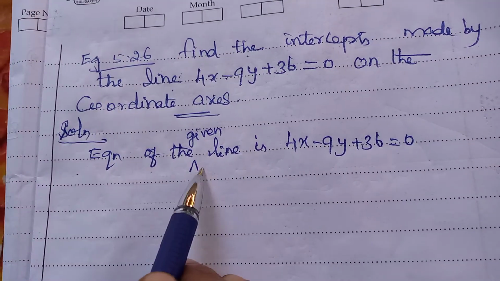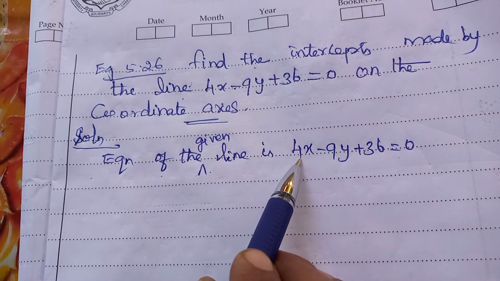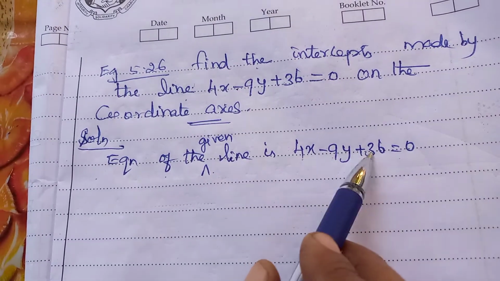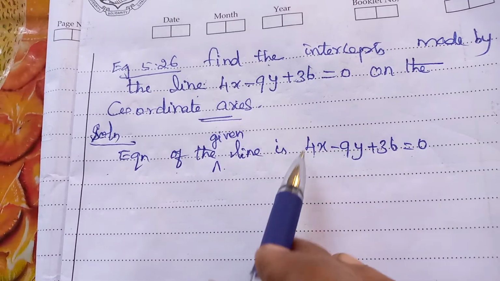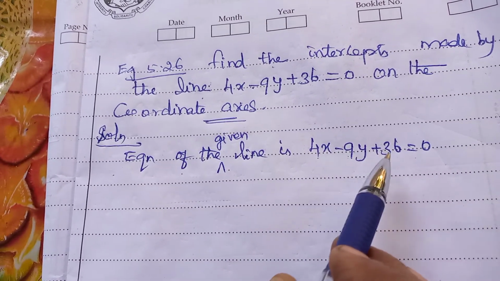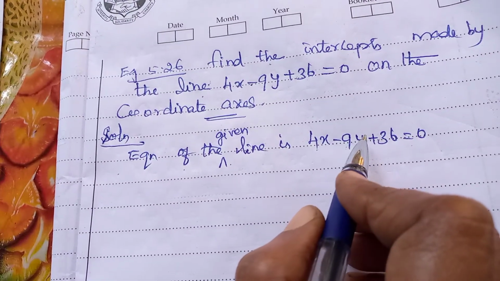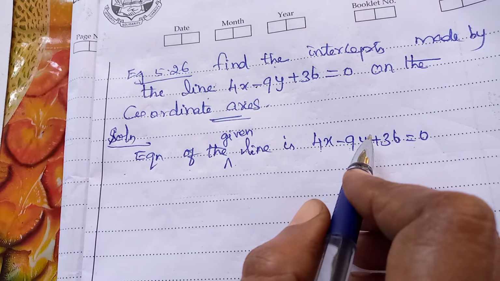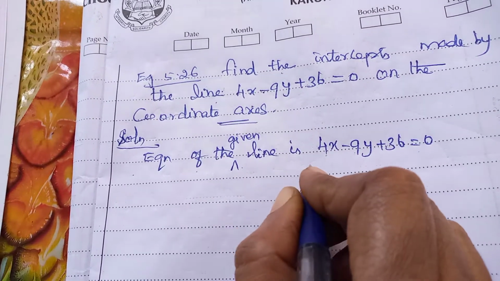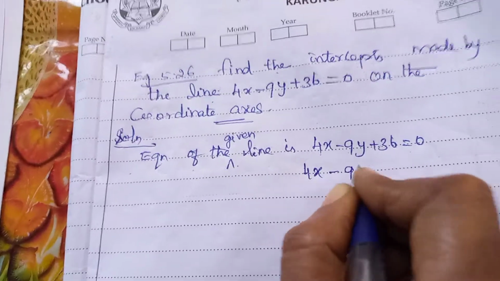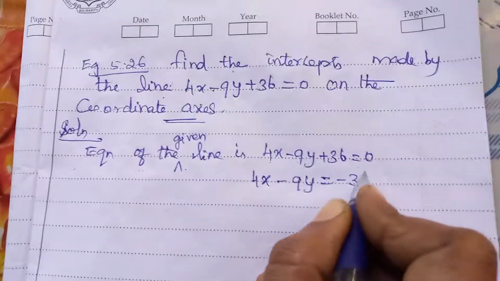The equation of the given line is 4x minus 9y plus 36 equal to 0. We have to bring it into the form x by a plus y by b is equal to 1. So let us take this constant term to the right side. We get 4x minus 9y is equal to 0 minus 36, that is minus 36.